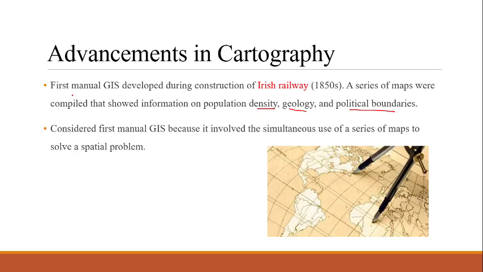Nowadays we use computer-based GIS, but it was a manual GIS developed for the construction of the Irish Railway in 1850, and different kinds of maps showing population density, geology, and political boundaries were compiled for that railway purpose.